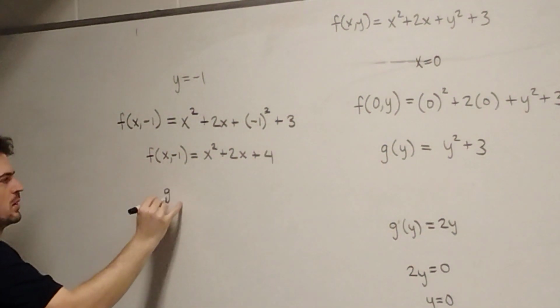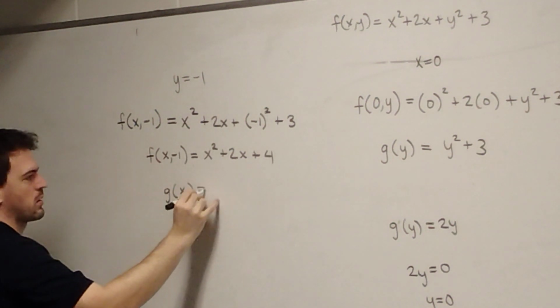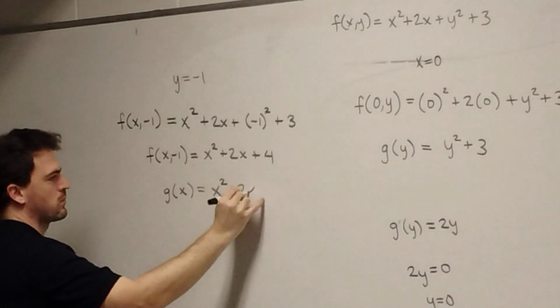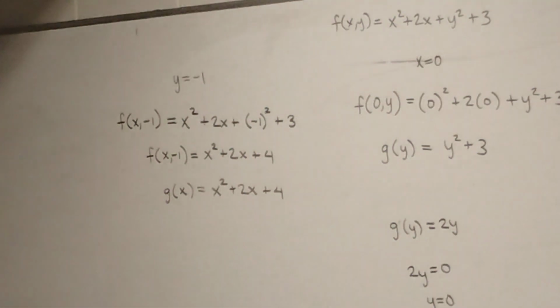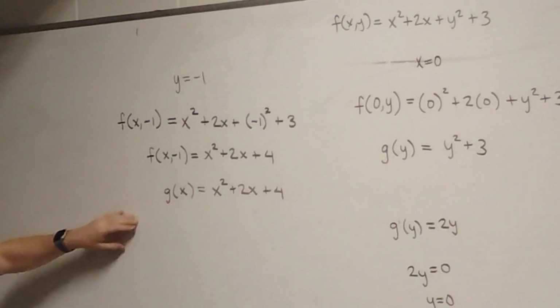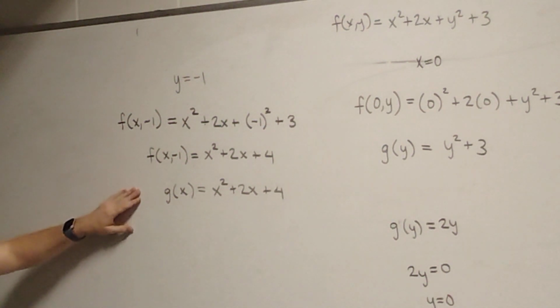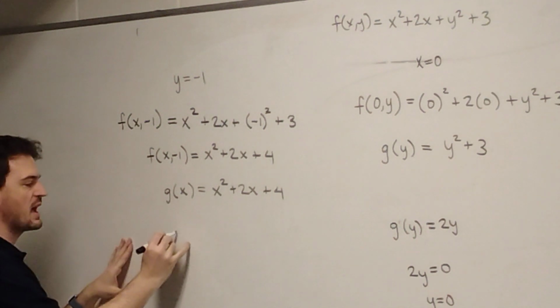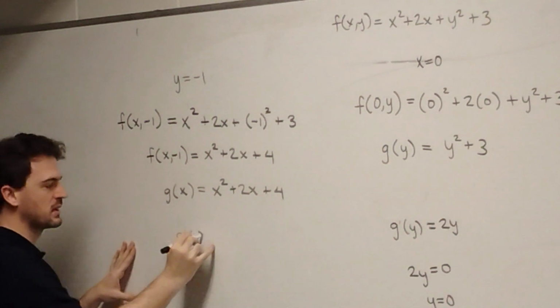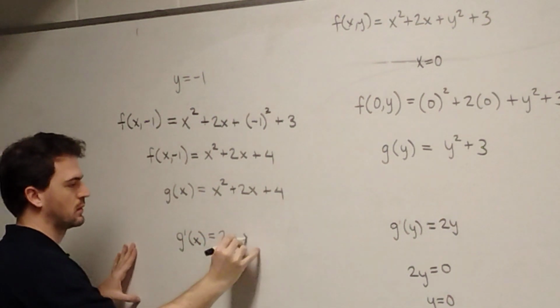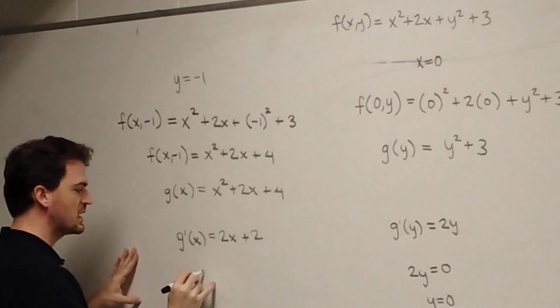And now I've got some nice, clean function in terms of x. So I'm just going to call this some new function g of x. Again, now you want the max or the min along this line. So go ahead and take the derivative, set it equal to 0.